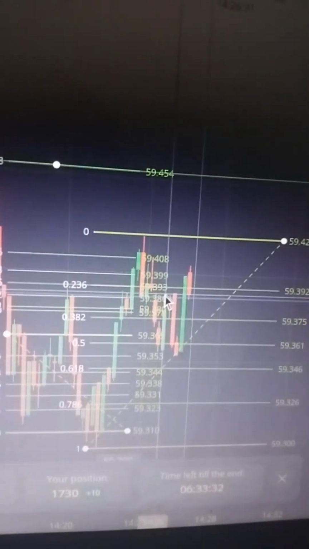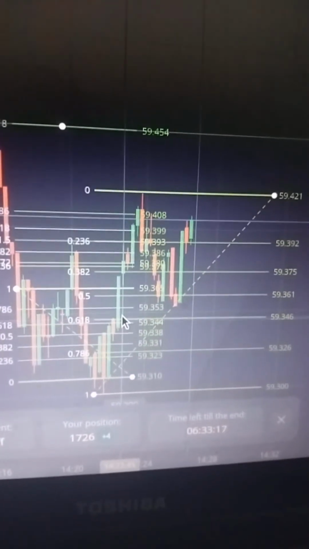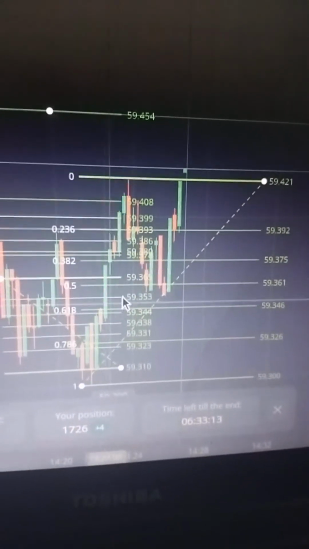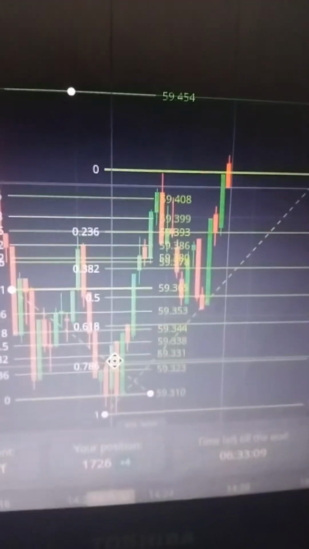So I now have a structure shift. The swing has broken to the upside right there, and we have traded to a discount, which is below that. In the discount array, you need to find an imbalance like this, or an order block.